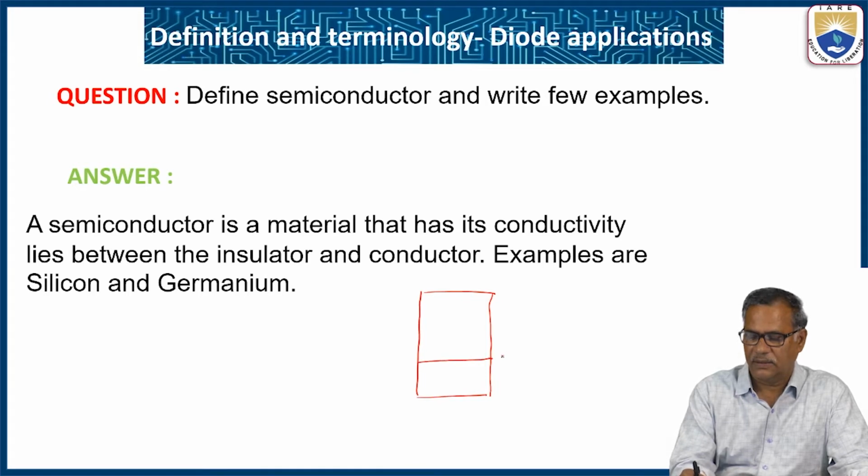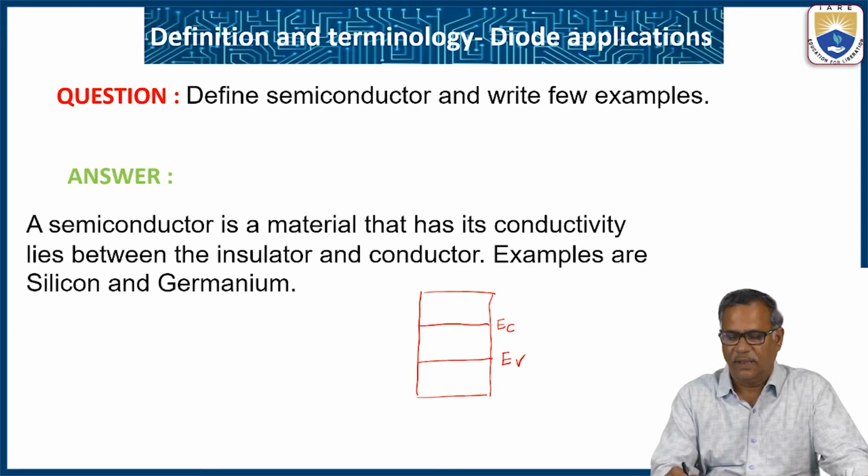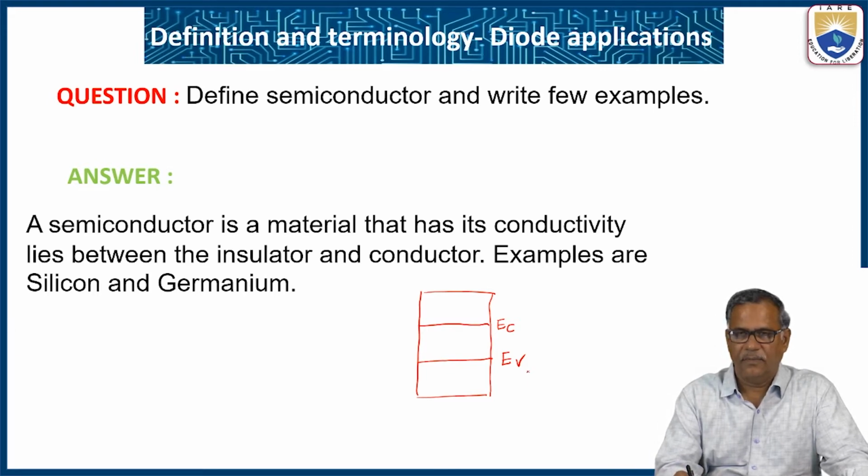This is the valence energy level EV, and this is the conduction band energy level EC.